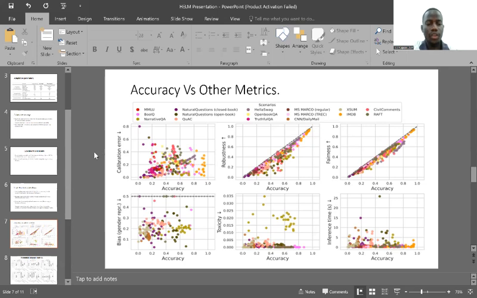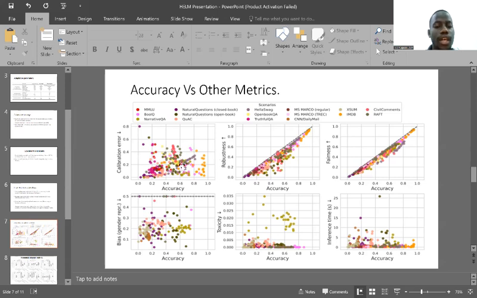And here we have accuracy being compared, the relationship between accuracy and all other metrics, whereby we have the calibration error. This is the calibration of the model, and then the accuracy.